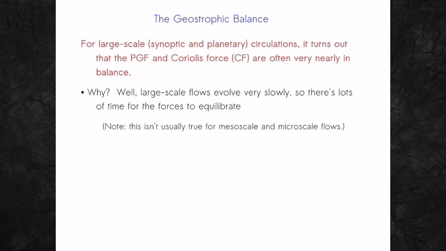Okay, we're going to draw a bunch of pictures of this on the next few slides to see how this works. But for now, let's give it a name, because this rough balancing of the pressure gradient and Coriolis forces has a name.